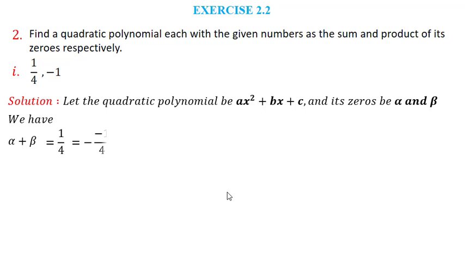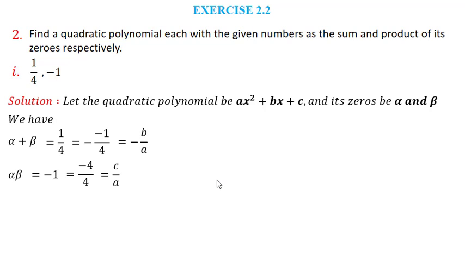As we know that it is minus b by a, I will rewrite this as minus 1 divided by 4, which is minus b by a. And alpha into beta, minus 1, is given. Now it is equal to c by a, so I will rewrite this as minus 4 upon 4. I am multiplying and dividing by 4 so that my denominator term remains the same, which is a.